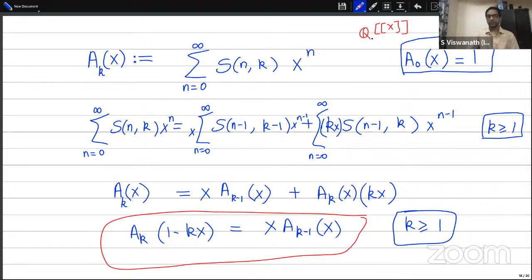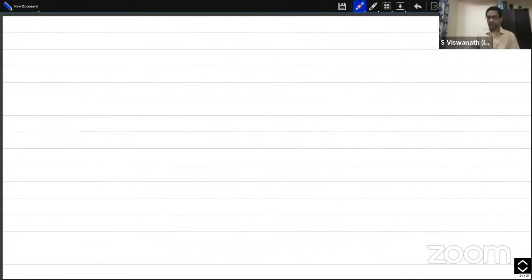So for instance, if you take the power series e power x, these are called exponential generating functions. So suppose I had a sequence an, then so far we are forming the power series like this. It's summation an x power n.